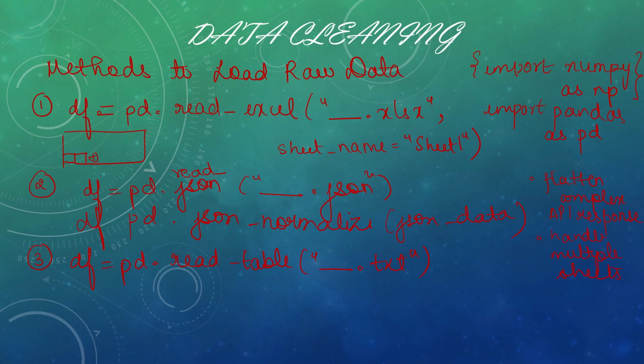These are basically syntax that you all have to remember. The main one is CSV. This is mostly used in exams and all. So remember that one. That's why I covered it in that video. Rest, we'll now study more on data cleaning. That was all about loading the data, data collection.